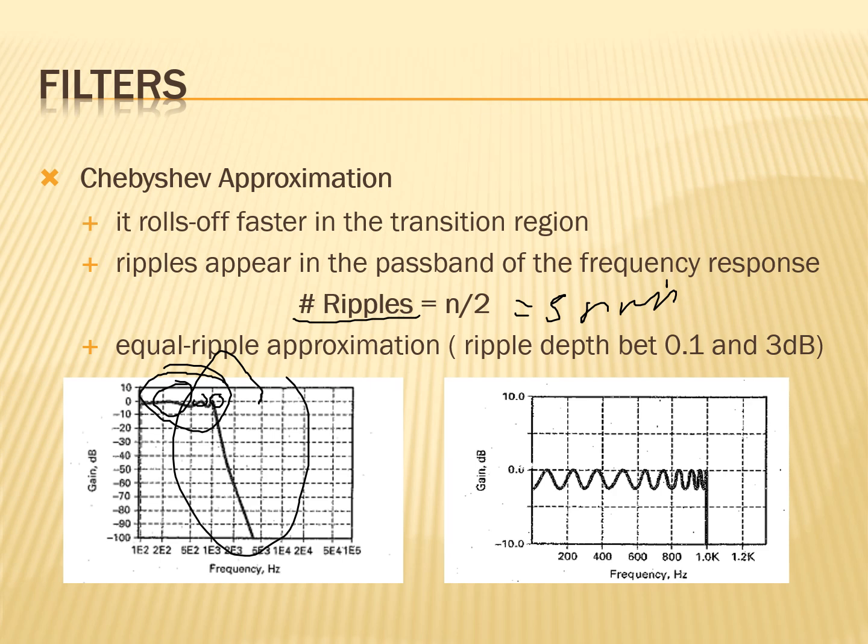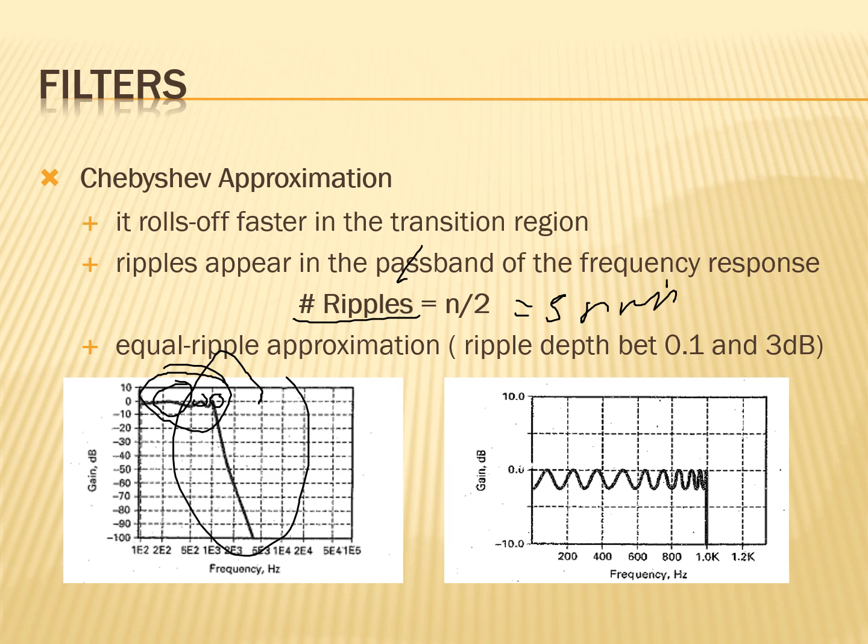The attenuation in Chebyshev is always greater than the attenuation of a Butterworth of the same order. For example, if a filter has an order of 10, the number of ripples that might appear in your passband is 5. If our order is 20, we have 10 ripples.